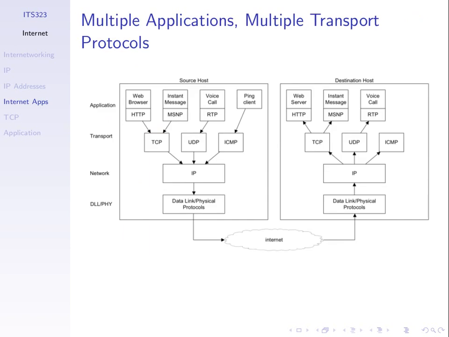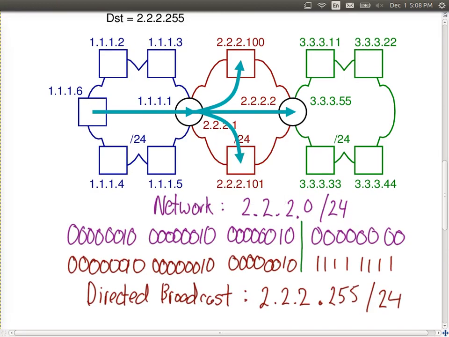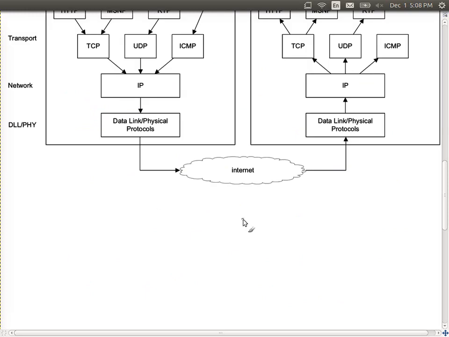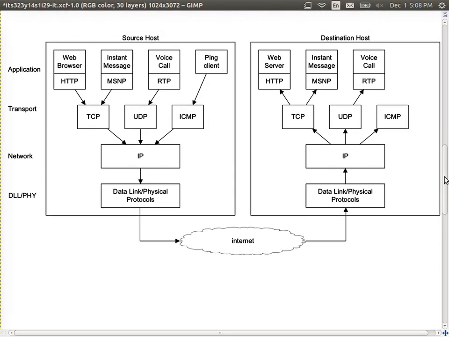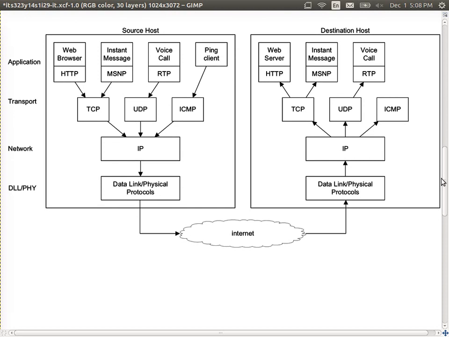Here's the example picture. This shows two hosts, a source host and a destination host connected via a set of routers, i.e. the internet cloud here.